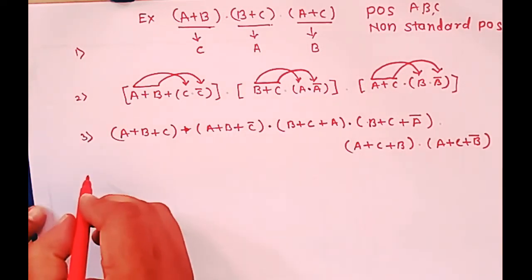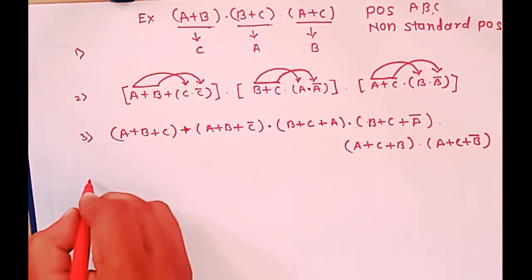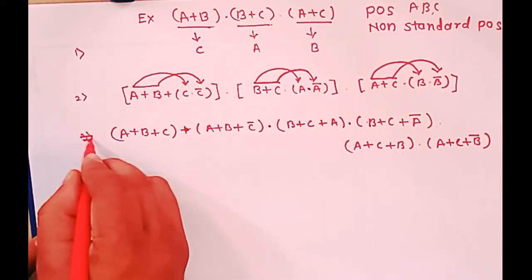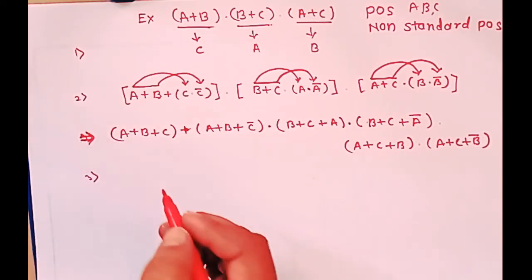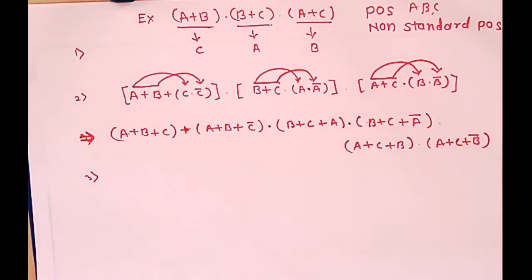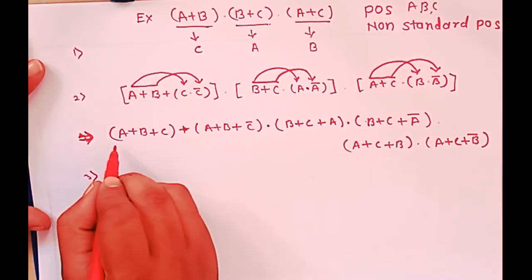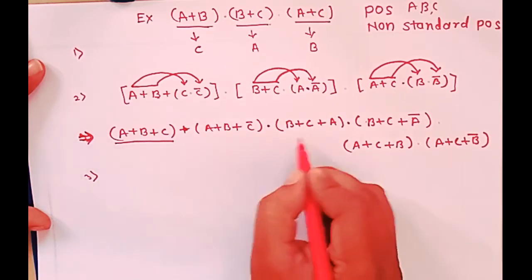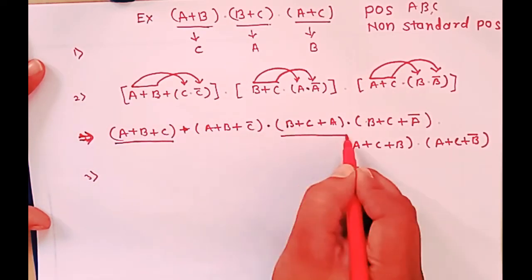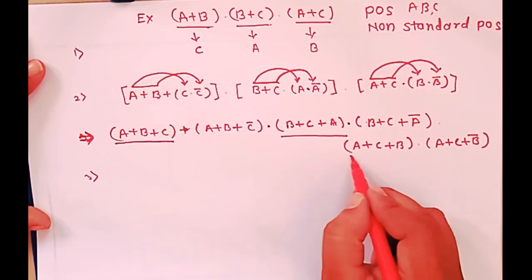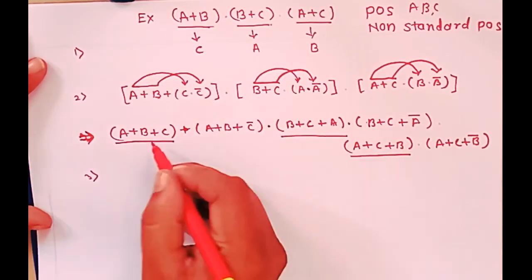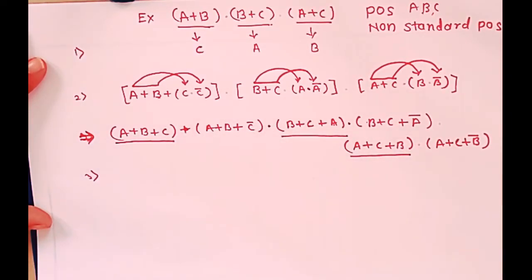Now the third step in our simplification method is to find the same terms and neglect them. Here you see a plus b plus c is there, here also a plus b plus c, and again a plus b plus c. So these are the same terms, and we will take them only one time.